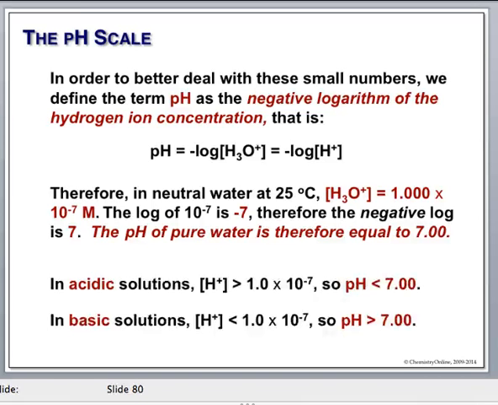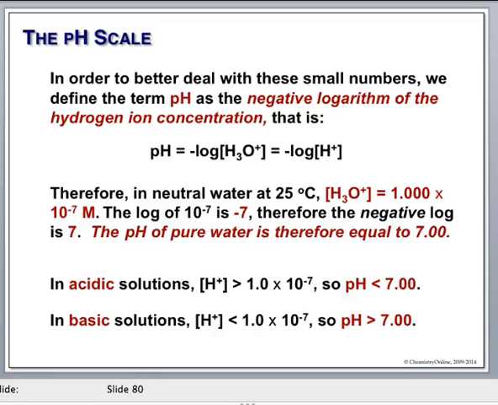Now the important things to remember. If we have more than 10 to the minus 7 molar, let's say we had 10 to the minus 3 molar, so that's a lot, right? 0.001, as opposed to all those other zeros. So we have a lot more. We take its log, change the sign, for 10 to the minus 3 molar, this would be 3.